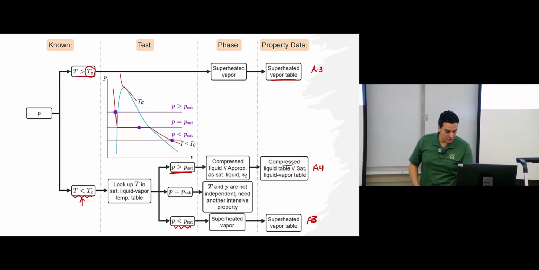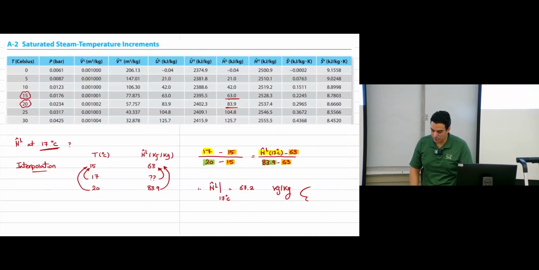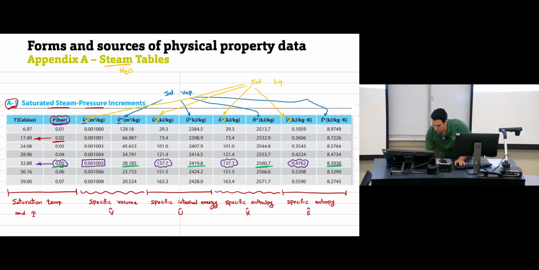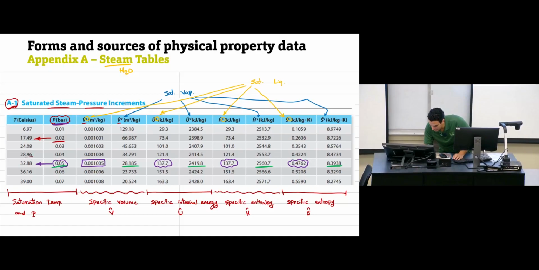Okay, so let's get one example. Let's go to A1. If I have this temperature, the pressure in front of it is the saturation pressure at this temperature.